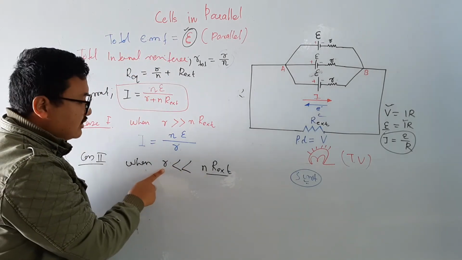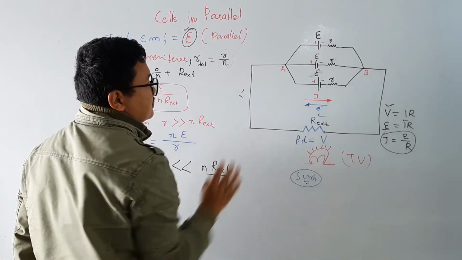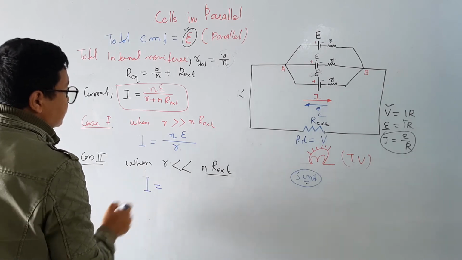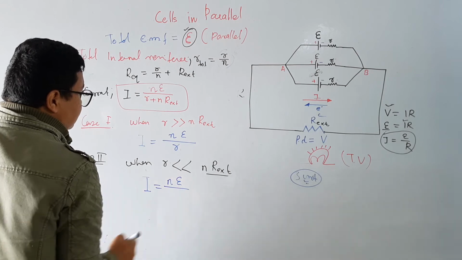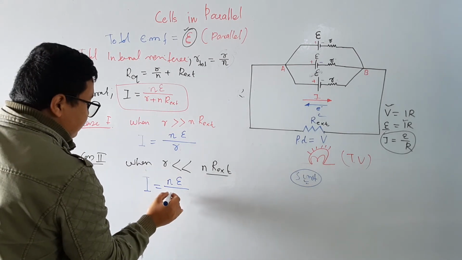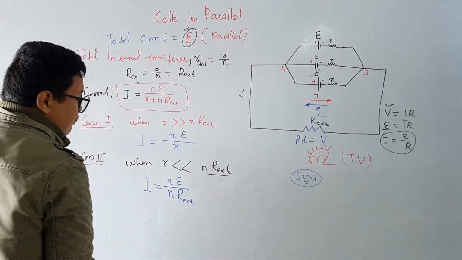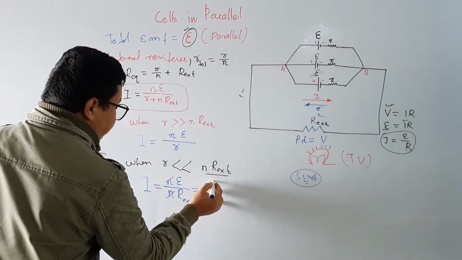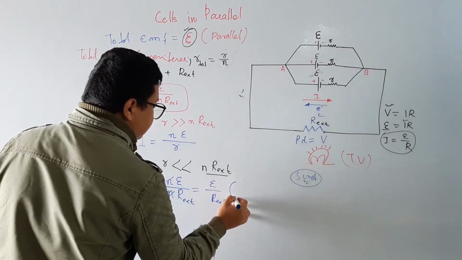Then what will happen? Then the current I is equal to n into E divided by n R EXT, as I will neglect r because it is very small. You know that this n and this n will cancel. This is E by R EXT in parallel, isn't it?